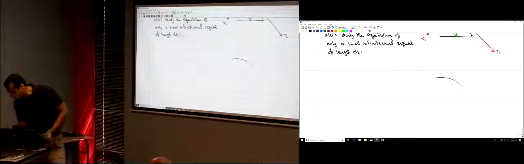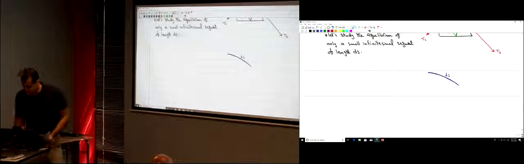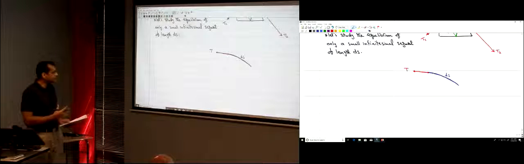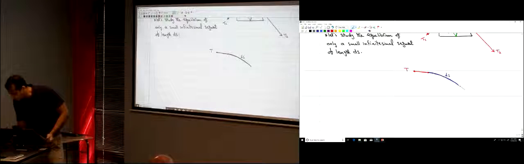So this is this segment ds, just enlarged. On this ds, at the start here, there is a tangential force in the belt that is equal to T. When you move a distance ds, there will be a force here, but this force will change.